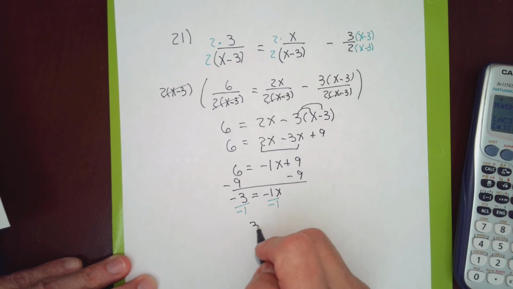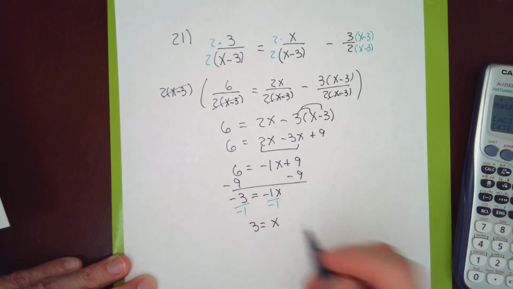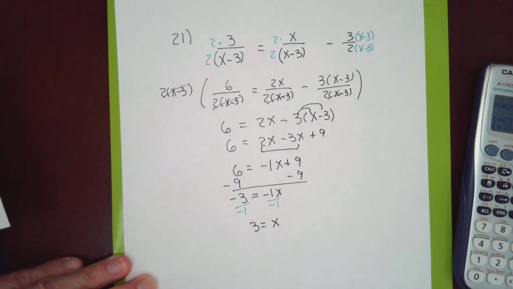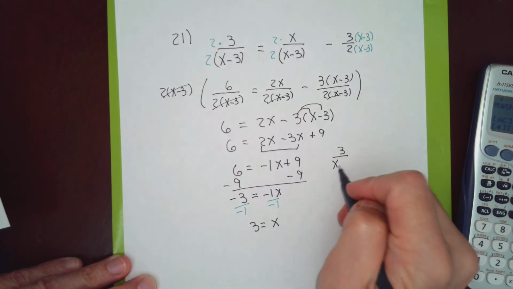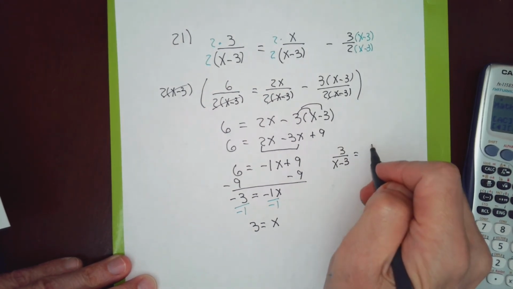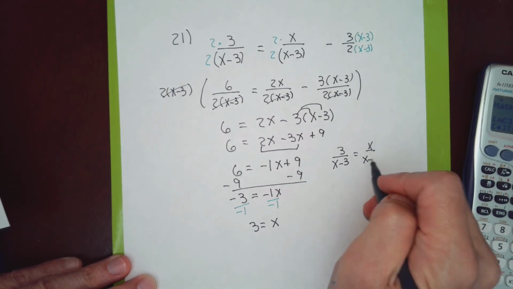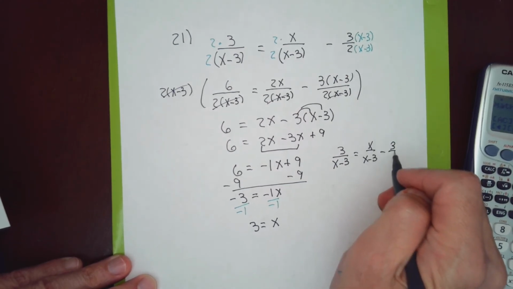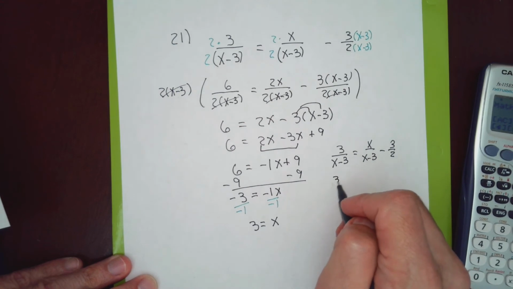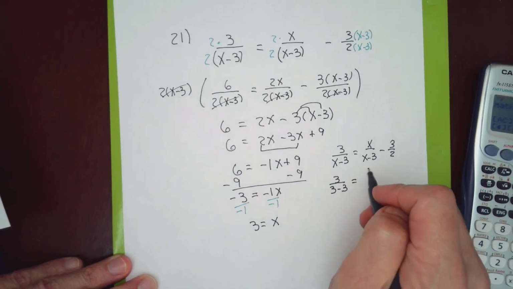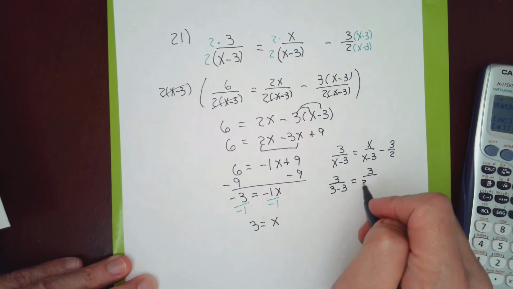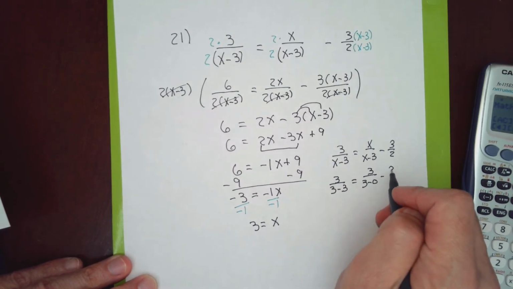My algebra only gives me one answer, so the answer is either going to be x equal to 3, or if that doesn't check, there's going to be no solution because I'm throwing out the only solution my algebra gave me. I'm going to check in the original problem, which is 3 over x minus 3 equals x over x minus 3 minus 3 halves, and I won't even need to use my calculator because immediately as I try to check, I can see that I'm going to get a 0 in a denominator.